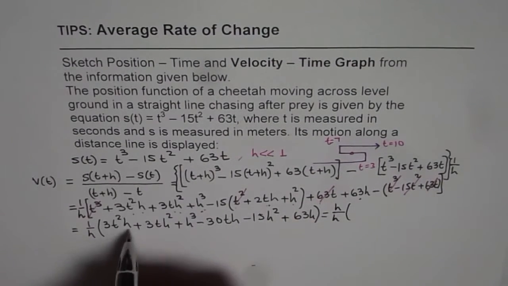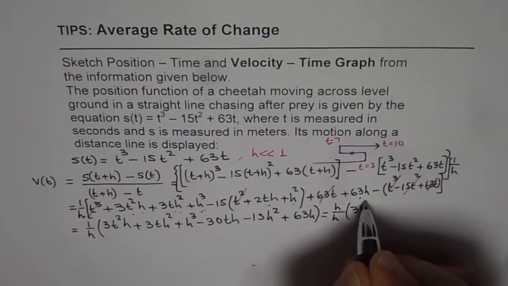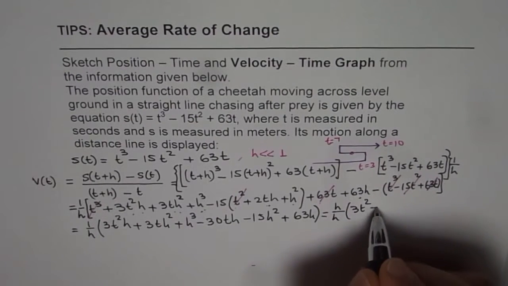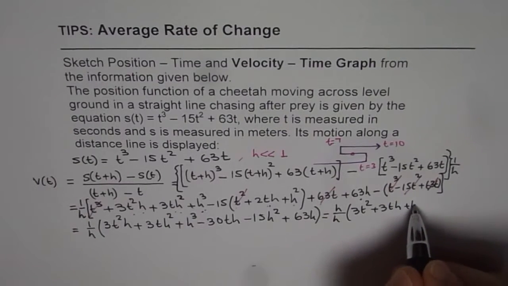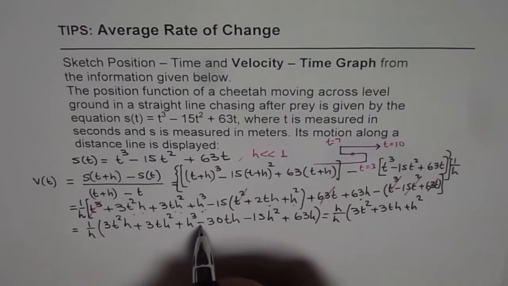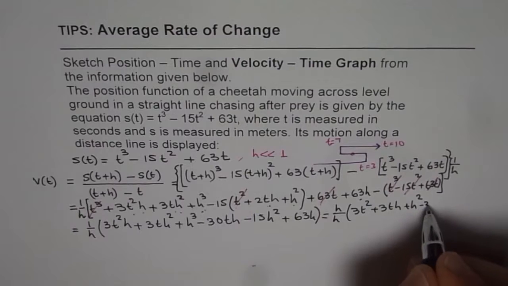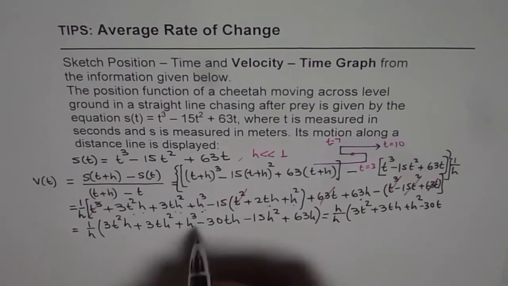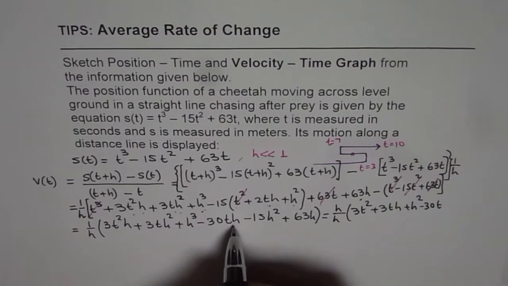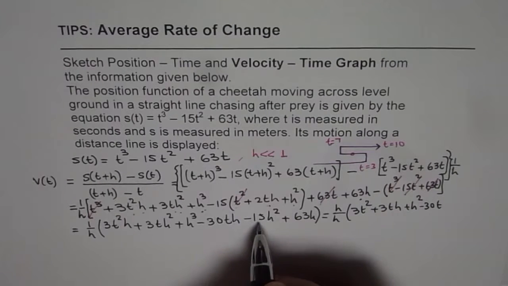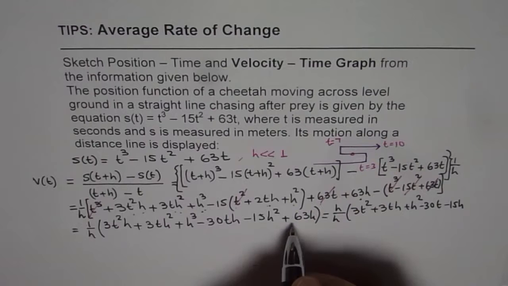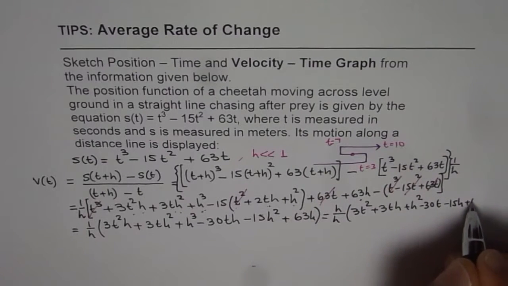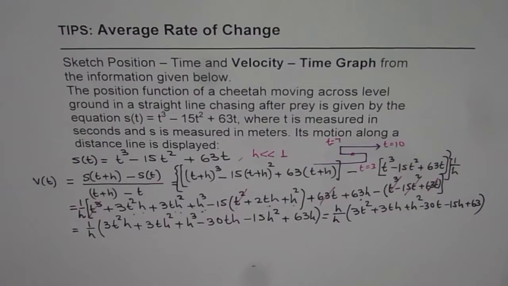Factoring h out, we get 3t square plus 3th plus h square minus 30th minus 30t, because we factored out h from here, and minus 15h, and then plus 63.